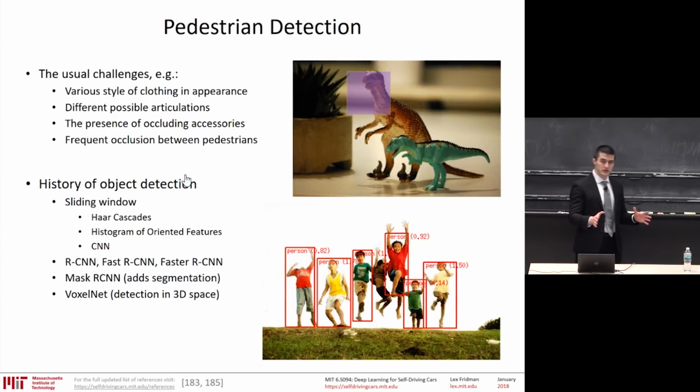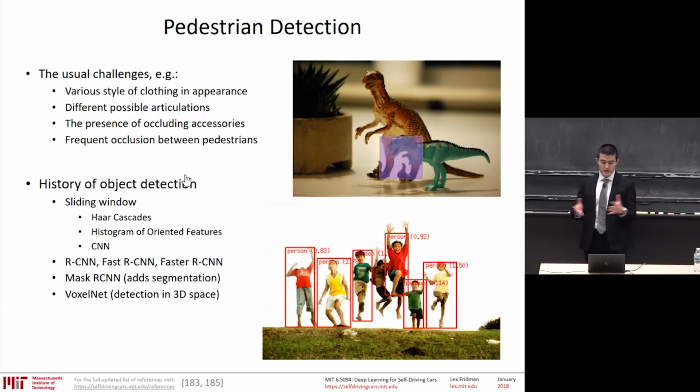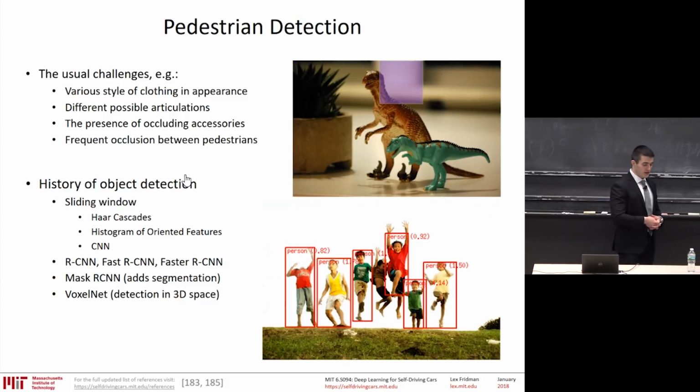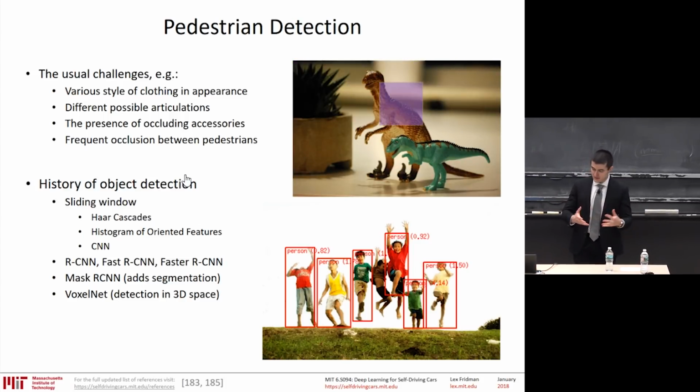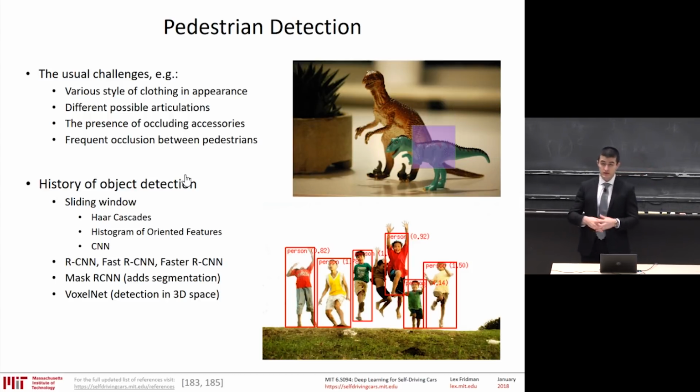And it has the usual challenges of all of computer vision we've talked about. There's the various styles of appearance, so the interclass variation, the different possible articulations of our bodies, superseded only perhaps by cats, but us humans are pretty flexible as well. The presence of occlusion from the accessories that we wear to self-occlusion and occluding each other.